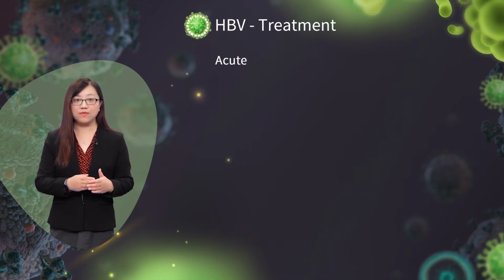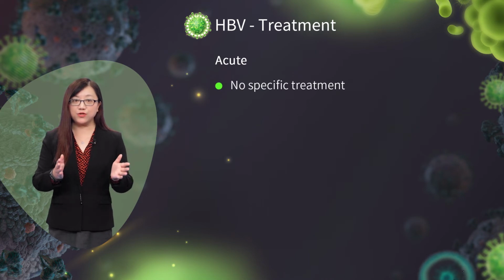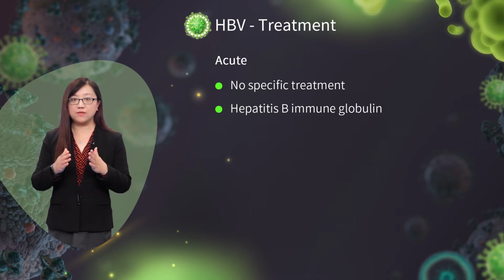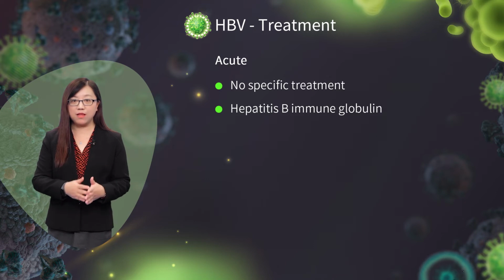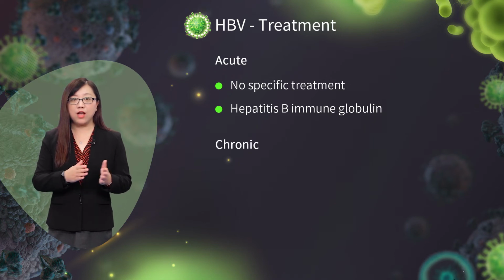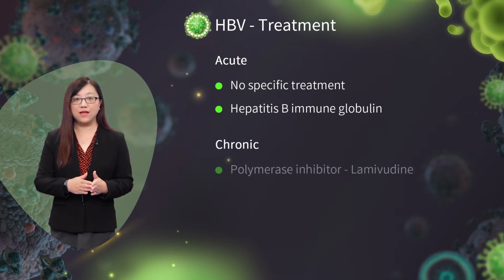The treatment of HBV. Acute infection. There is no specific treatment for acute hepatitis B. Hepatitis B immunoglobulin may be administered within a week of exposure and to newborn infants of HBs antigen positive mothers to prevent and ameliorate disease. Chronic HBV.